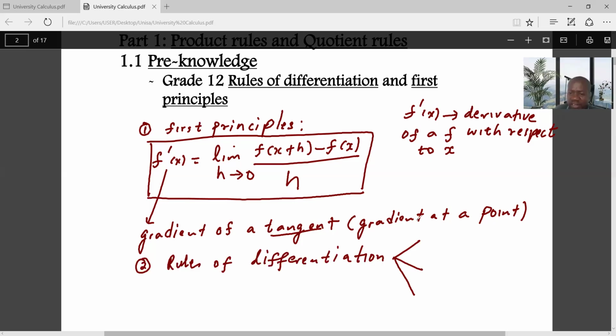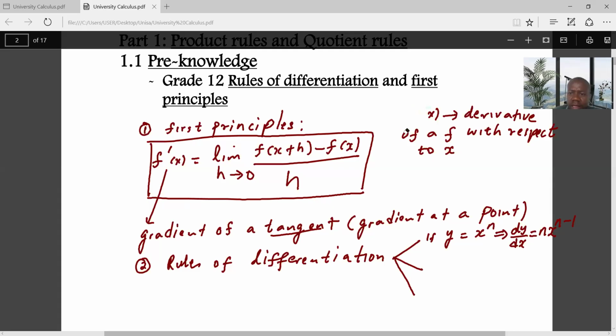The first one says if y equals x to the power of n, then we can differentiate y with respect to x, which will be n x to the power of n minus 1.